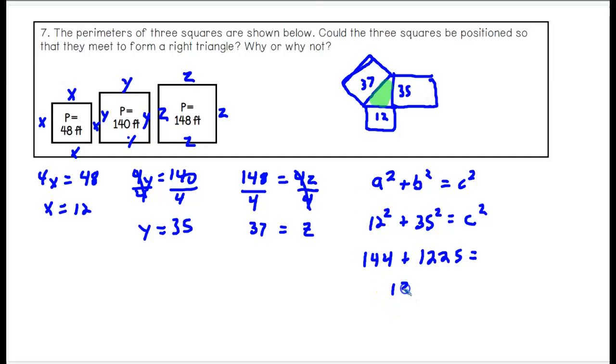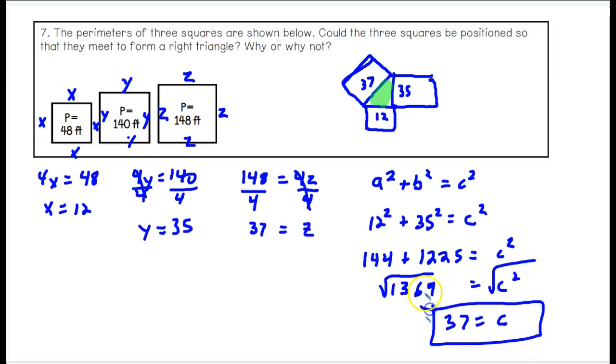Altogether, that's going to be 1,369. And so I need to know, if I take the square root, will it give me 37? So the square root of 1,369. Oh, look at that. It is 37. That's pretty crazy.